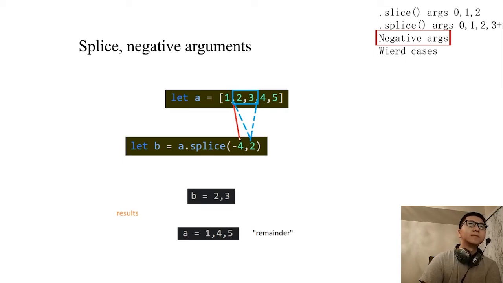So it will point to this location, and same as any splice 2 argument case, the second argument will grab that many values and put them in B. And splice does change the array. How does it change? Well, it's what's left after I splice the 2 and 3 out. It's just 1, 4, and 5. So basically this means just count backwards, but the same behavior still applies.